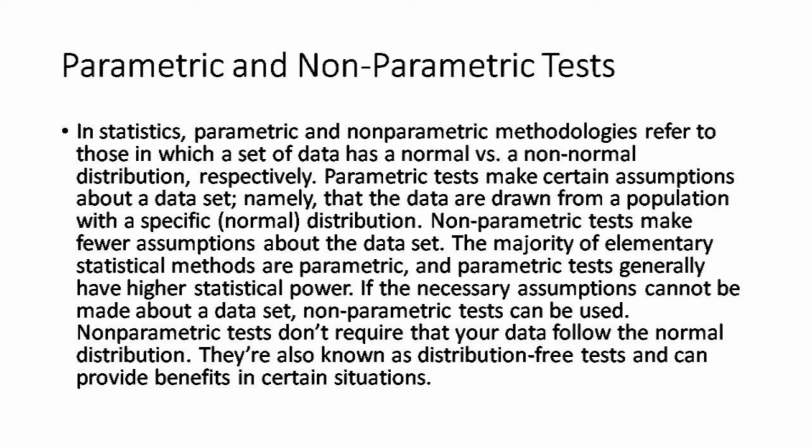Parametric tests make certain assumptions about a data set, namely that the data is drawn from a population with a specific normal distribution most of the times, whereas non-parametric tests make fewer assumptions about the data set.